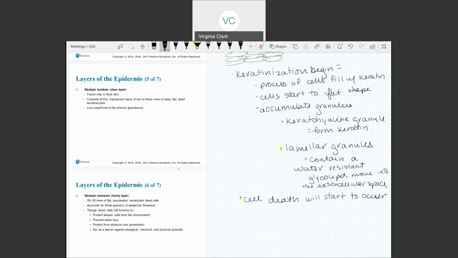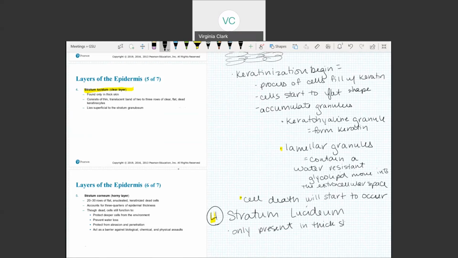So the next layer is going to be your stratum lucidum. This is layer 4. Your stratum lucidum. This is also the layer that is not going to always be there. So this will be the layer that is only present in thick skin.